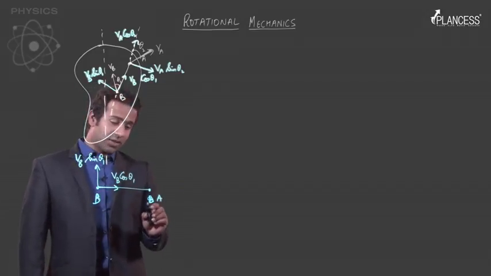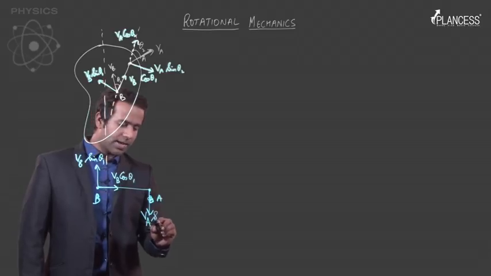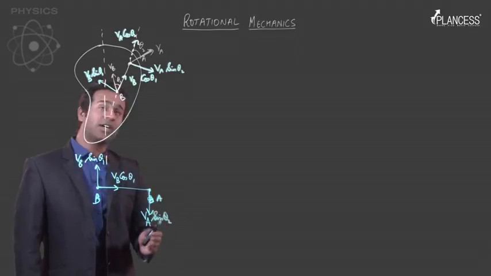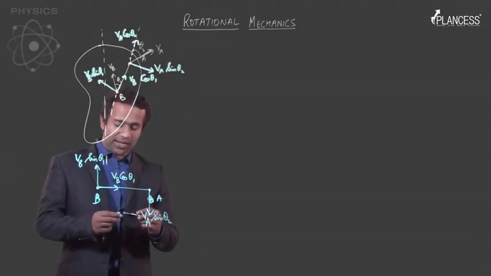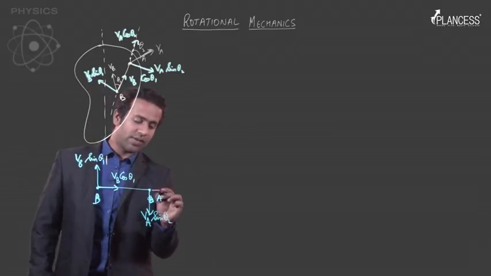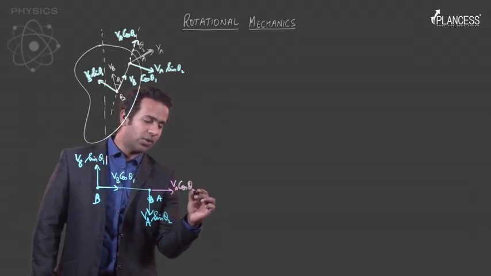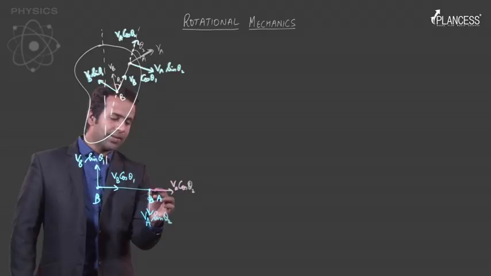Similarly, A has velocity VA sine theta 2 perpendicular to this line, and then it has velocity along this line, which is given by VA cos theta 2, right?